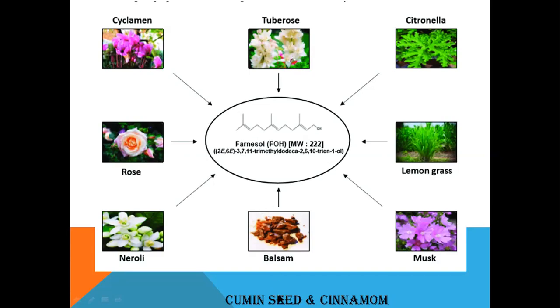Here I would like to give 2 important examples which we use regularly in our kitchen. From cumin seed, that is Jilakara, we will get farnesol. Similarly, from cinnamon, that is Chekka, we will get farnesol.